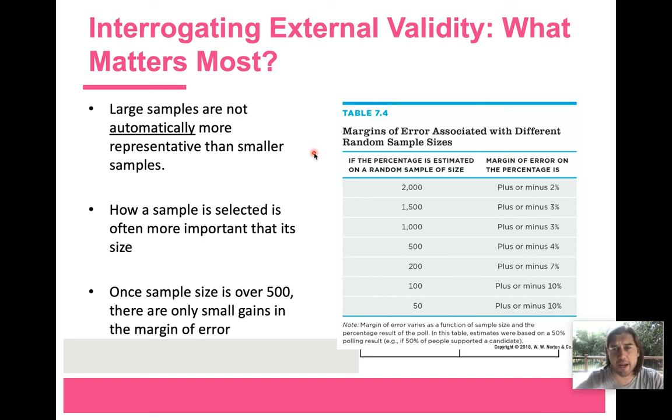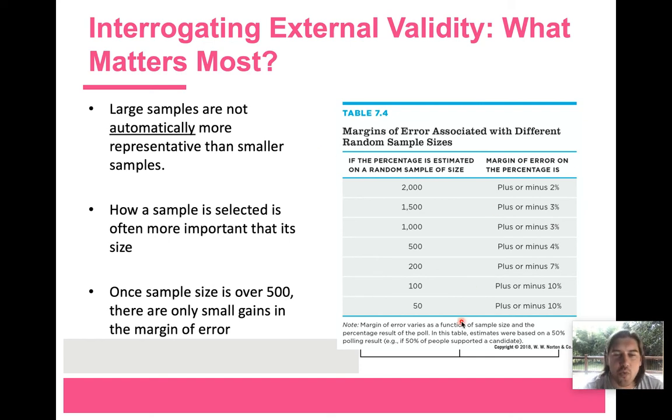If your data are biased, it doesn't matter whether there's 50 or 50,000 people. The data are biased, and so will your conclusions be. But we do want to have as large of sample sizes as possible while still maintaining representation in our sampling methods.